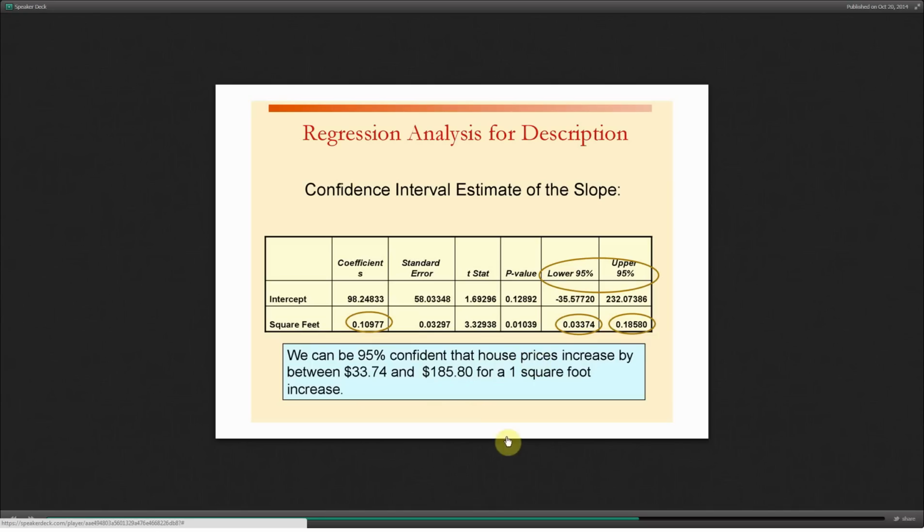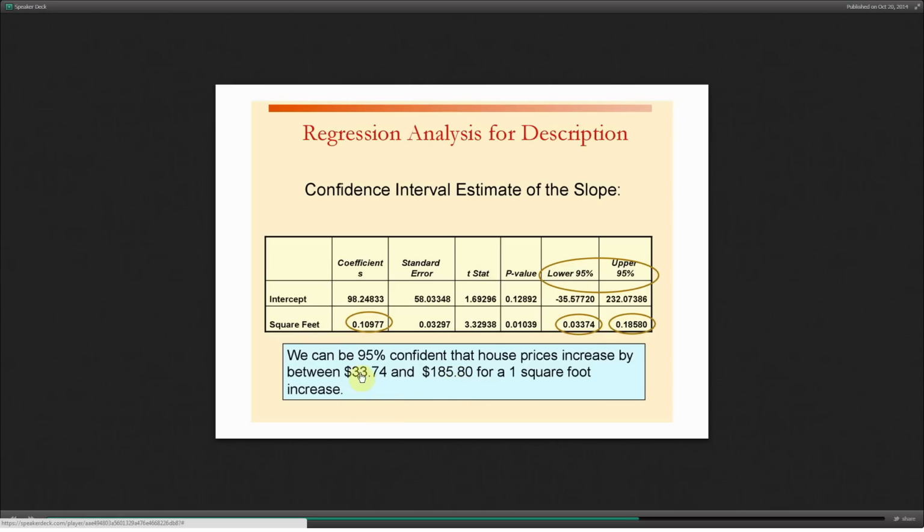The way we interpret this is we say with 95% confidence, because it's a 95% confidence interval, that as the square footage increases by 1 square foot, the housing prices will increase between $33.74 and $185.80.